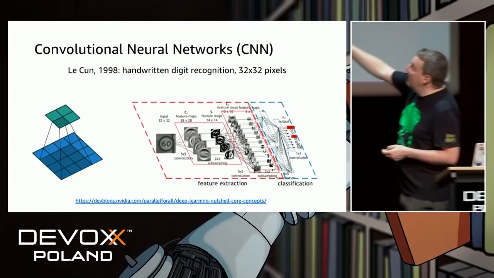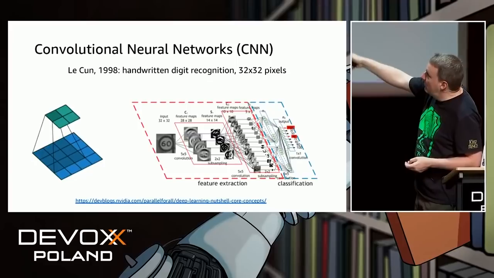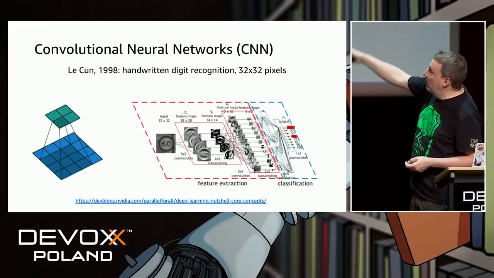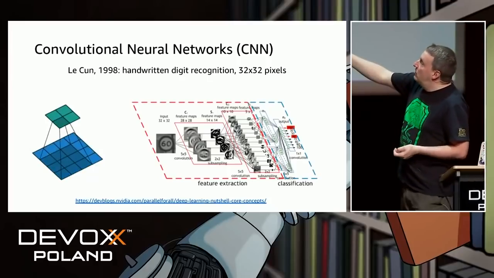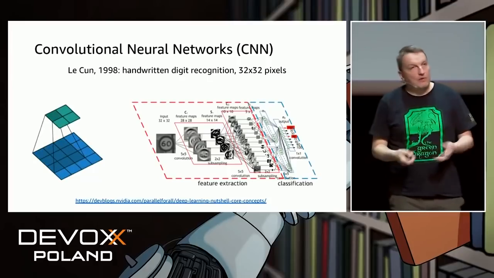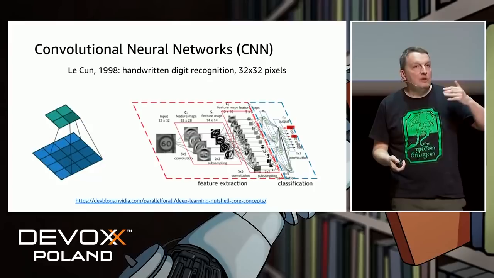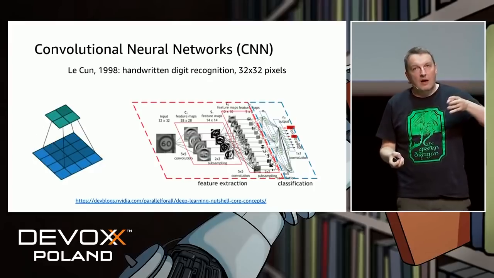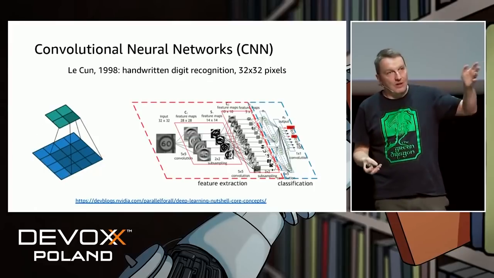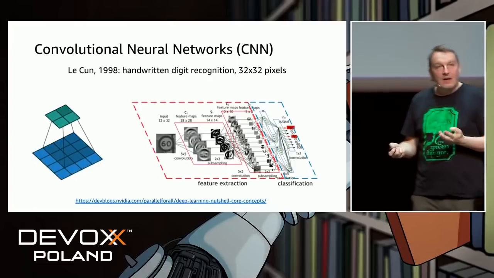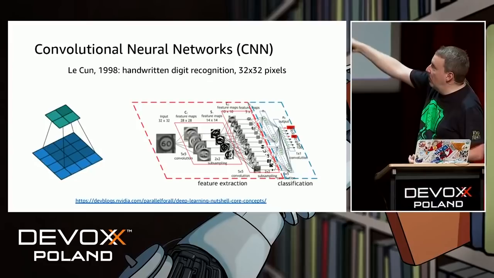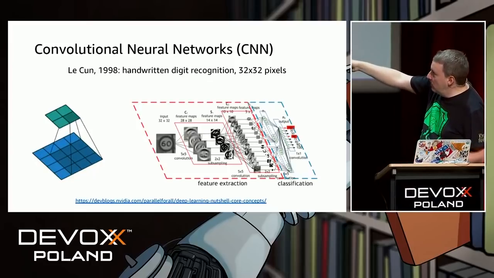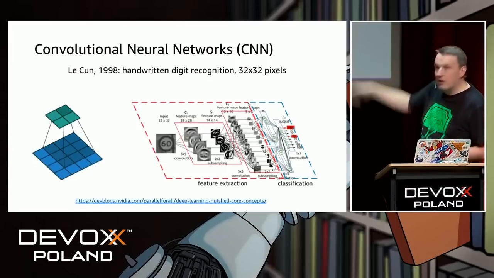So by running many different filters, okay, it could be 20, 30, 50 filters, you extract different features from the image. So it could be edges, it could be contrast, it could be vertical lines, horizontal lines, whatever, and you get a new set of convoluted images, which you then shrink with pooling.